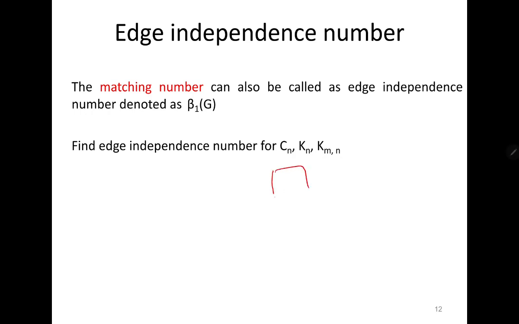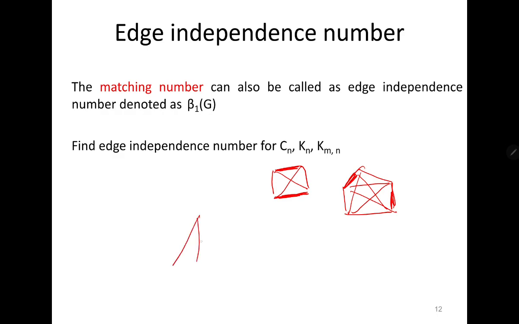If you see the cycle graph C4, then a maximum of 2 edges can be independent, and for C5 also a maximum of 2 can be independent. Even if you think of K4 or K5, then also a maximum of 2 can be independent.